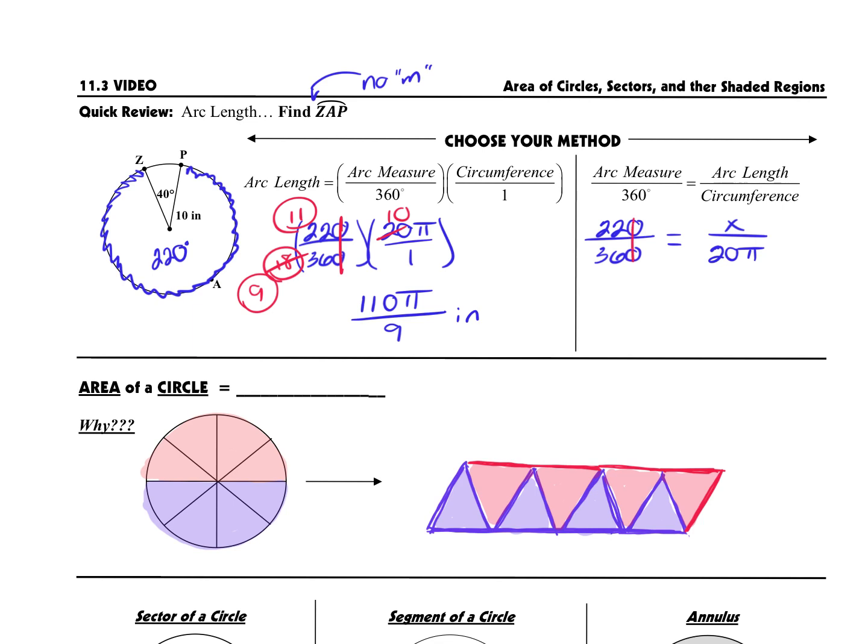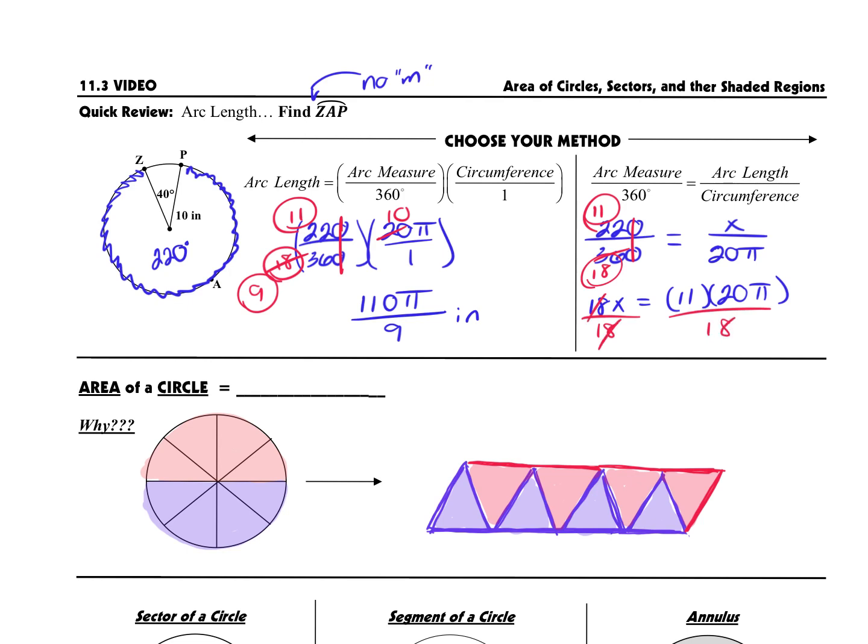Over here, we can do some similar reducing. I'm going to reduce those zeros again. I'm still going to reduce this to an 11 and an 18 because they both divide by 2. When I cross multiply here though, I'm going to remember that I'm going to have my 18x, but I don't actually want to multiply that 11 and that 20 pi. I want to leave that separate, so it's going to be easier for me to see how this is going to reduce when I divide by that 18.